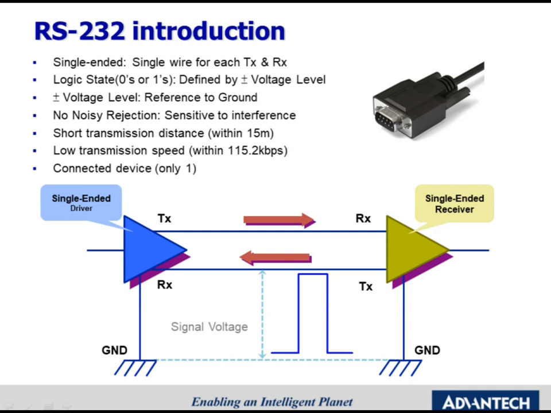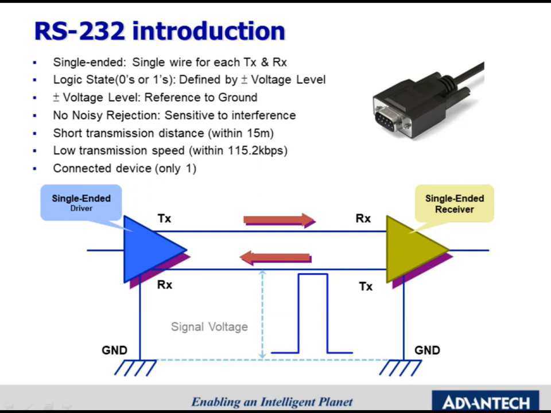Here is the RS-232 introduction. RS-232 is full duplex. It has a TX port and an RX port together. So it means that it can send data and receive data at the same time, and both transmission lines can reach 115.2 kbps baud rate.